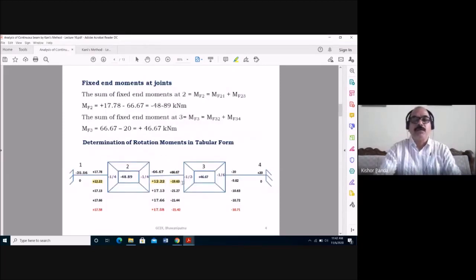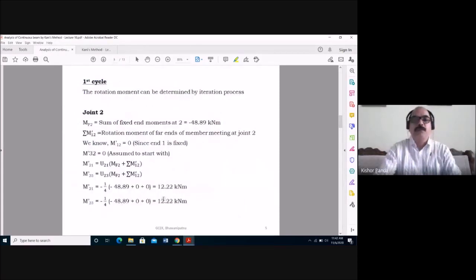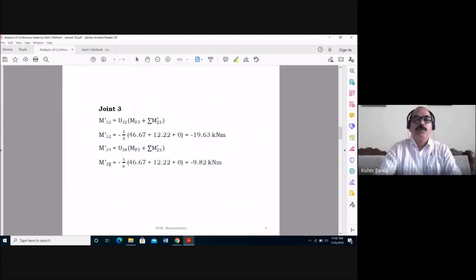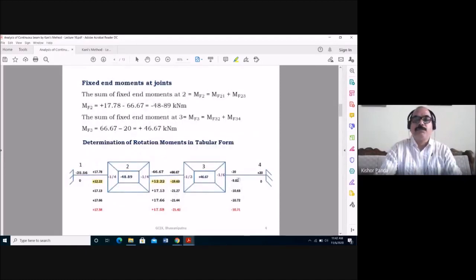The far end rotation moment on this side is 12.22 and on this side is 0. So 12.22 plus 0. After taking this, the m dash 34 you got is minus 9.82. Here you put this minus 9.82.